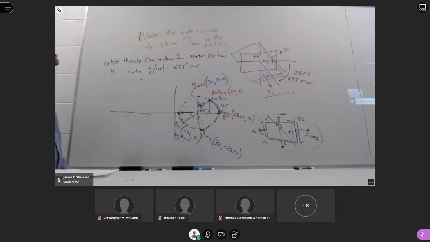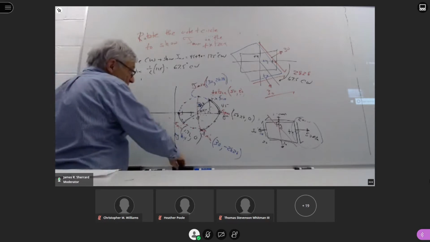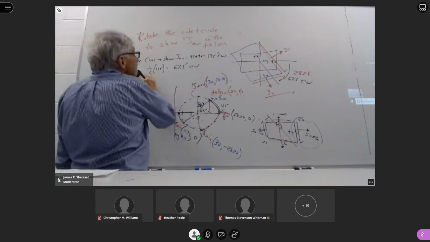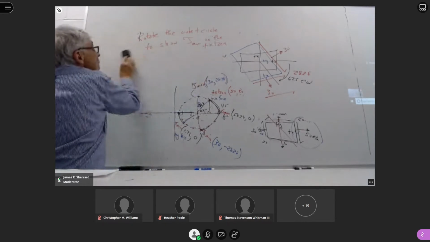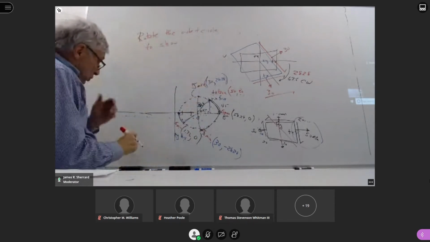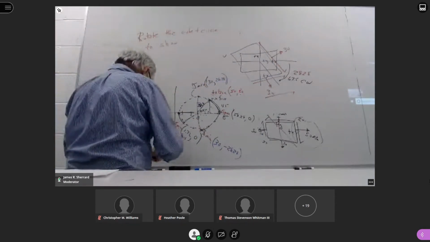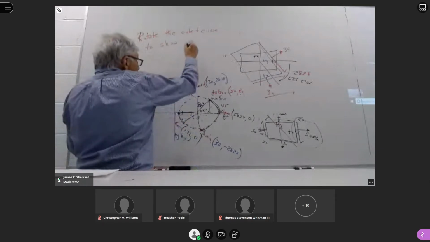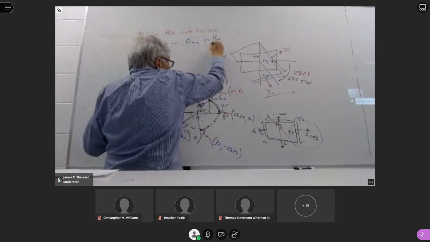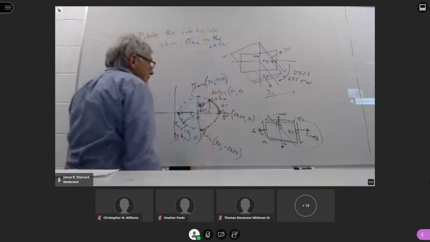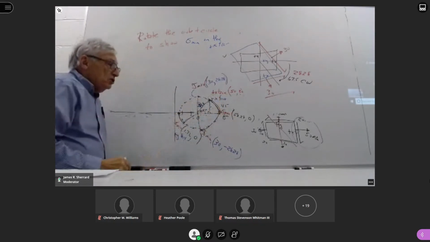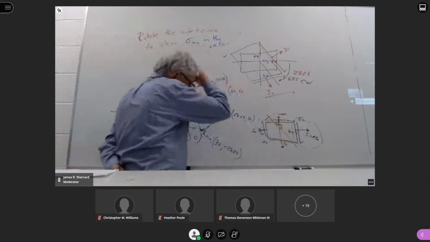Let's try one more, and then let me just try it on this one. Okay, let's erase this. So I want to rotate the circle and the cube to show tau min on the plus x base. So this is the plus x base to start with from this orientation.